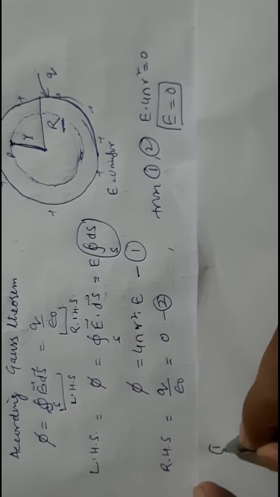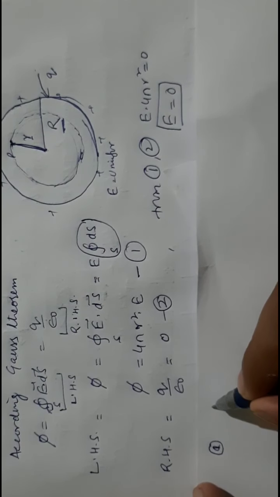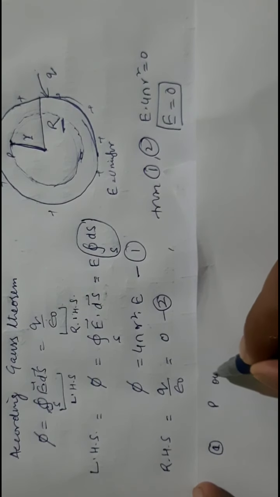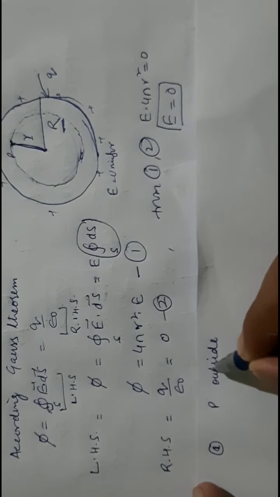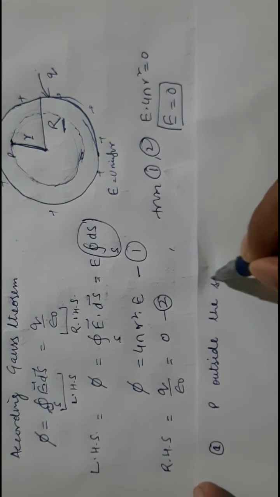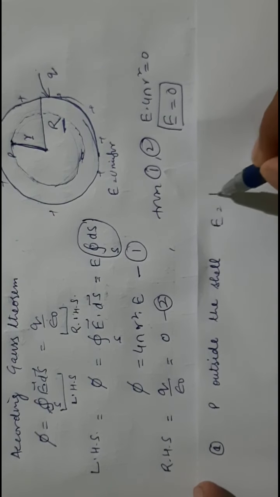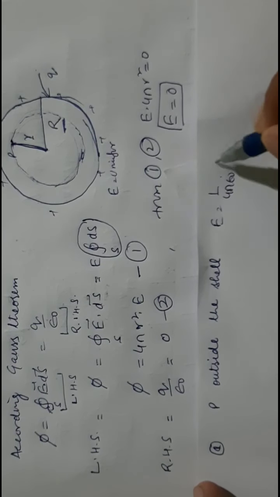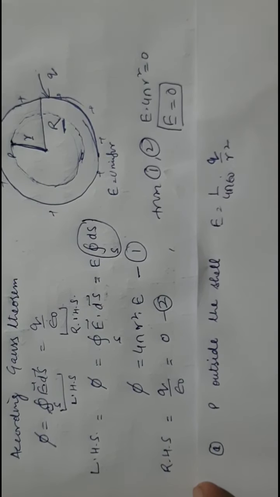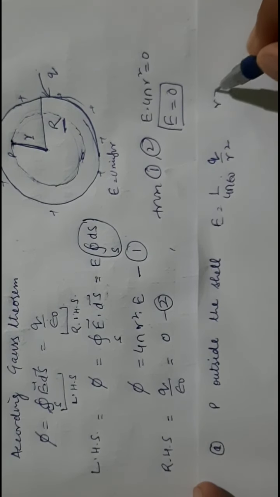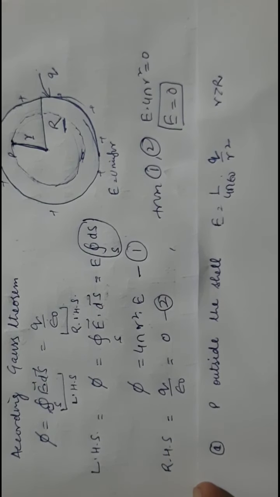Now let us summarize all three results together. In the first case, when point P is outside the charged spherical shell, the electric field is equal to 1 upon 4 pi epsilon naught, Q by r square, where r is greater than the radius.